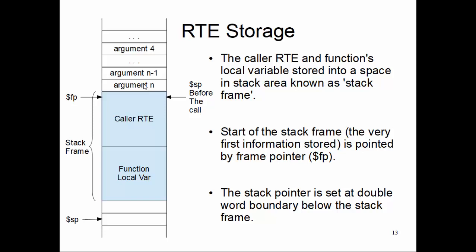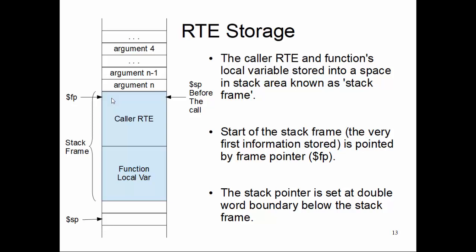Next, going from higher to lower addresses, the higher part is pointed to by the frame pointer register, the FP register. That is the start of the frame of this instance of this function call, designated by $FP.